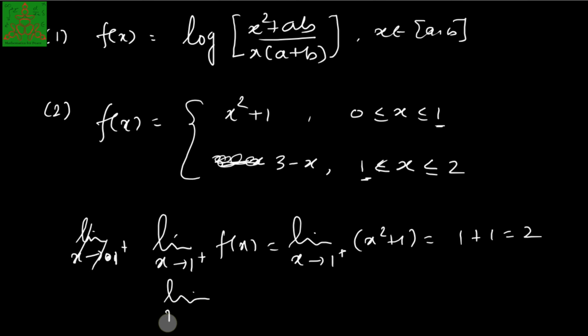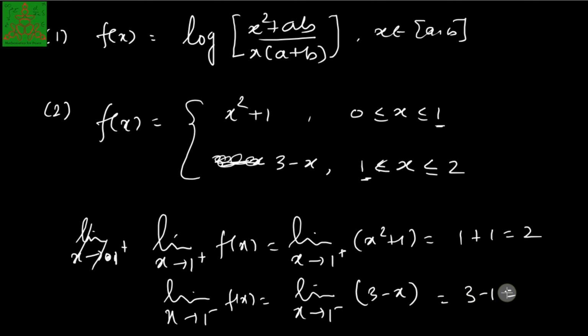And limit x tends to 1 minus: here the value is 3 minus x, which gives 3 minus 1, which is 2. So the left hand limit and right hand limit are the same at 1. So I can say that this function is continuous at the point 1, and in general it is continuous on the interval.